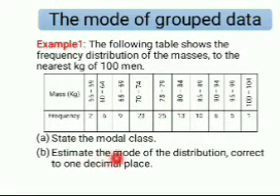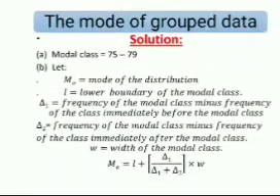Now in order to estimate the mode of the distribution, we're going to make use of all of the following: L, delta 1, delta 2, as well as width, together with this formula. Now, L is the lower class boundary of the modal class. The modal class here is 75 to 79.